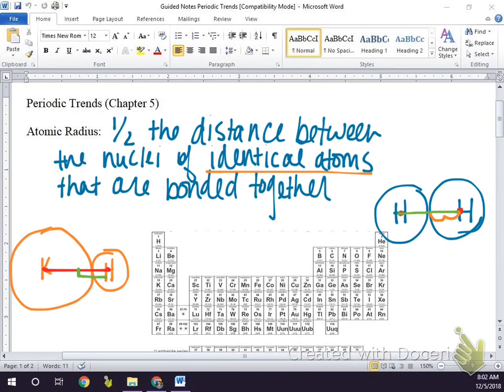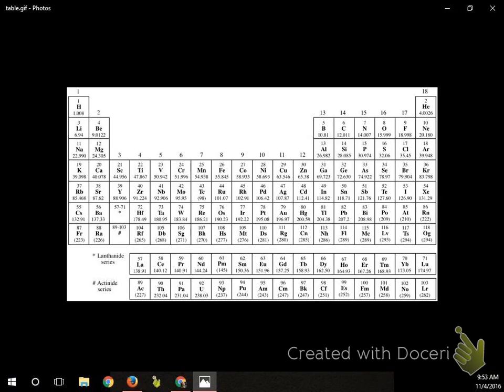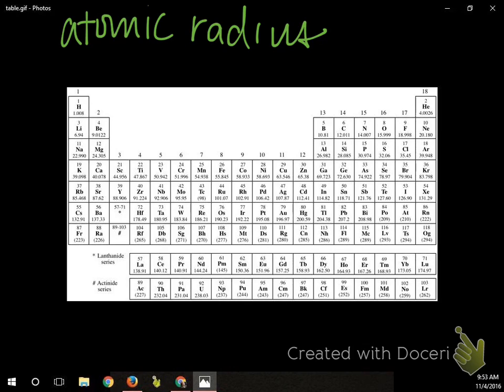All right, so the trends on the periodic table. I'm going to pull up a blank periodic table here so I can show you a little bit bigger. Trends on the periodic table for atomic radius. I'm going to always draw my trends as an increase, so it increases in the direction of my arrow, and I'll explain why that happens.